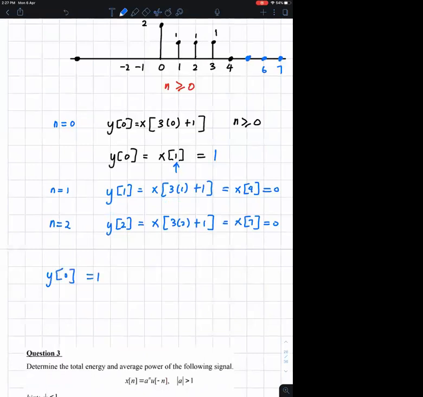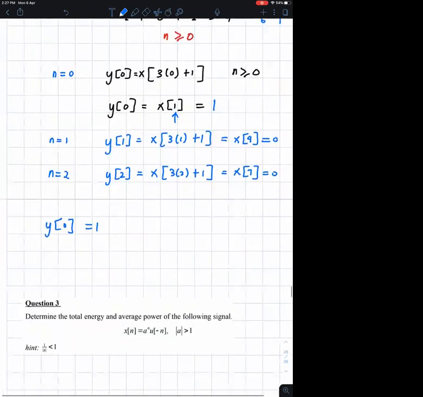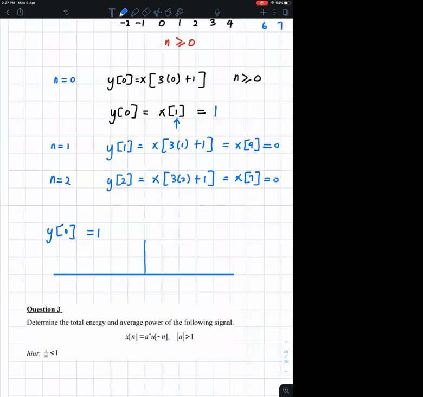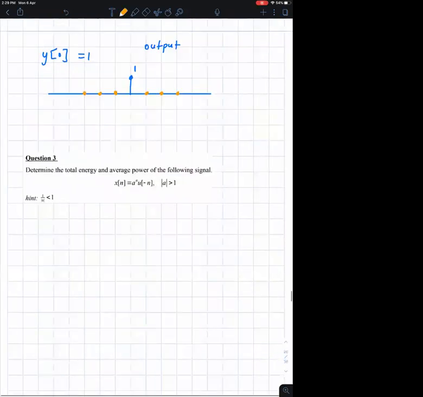So in the timeline, it's going to be just 1. Usually we give you this formula, right? Energy of a discrete signal is given by this formula. We usually give you all this formula. You don't have to memorize anything. Sum from minus infinity to positive infinity of the square.